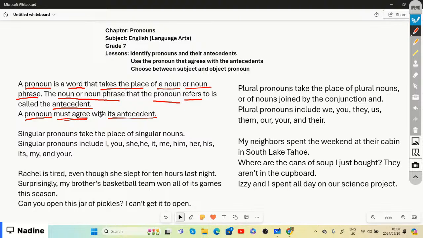The noun or the noun phrase that the pronoun refers to is not the pronoun, but we call that the antecedent. The pronoun needs to agree with the antecedent. And we're going to find out what the antecedent is.